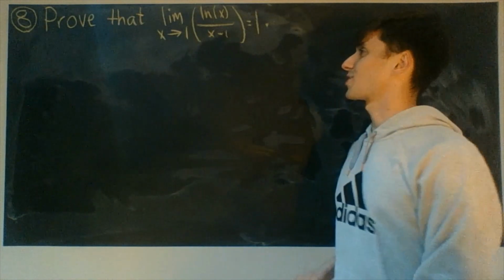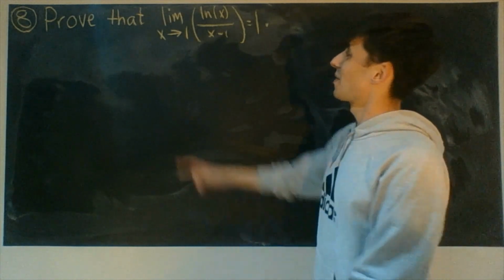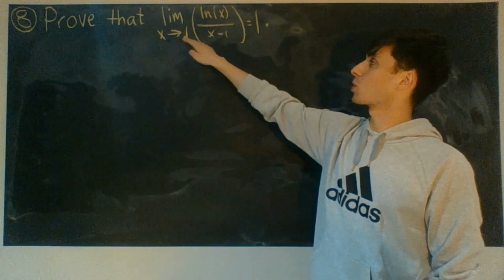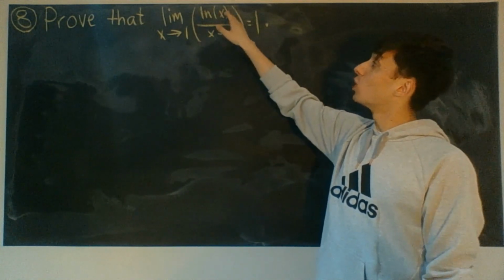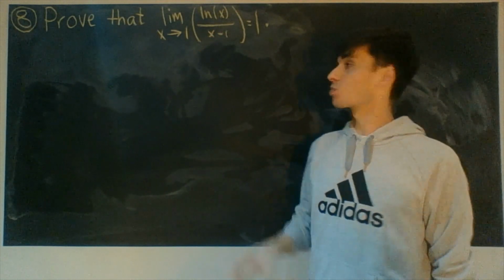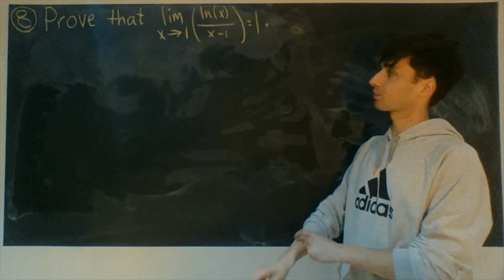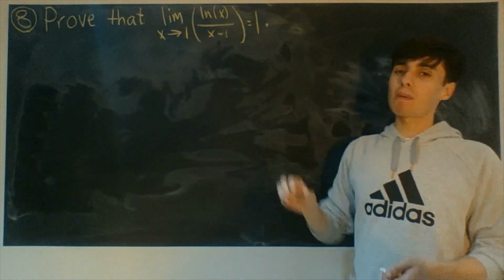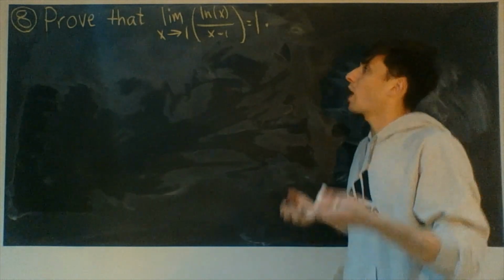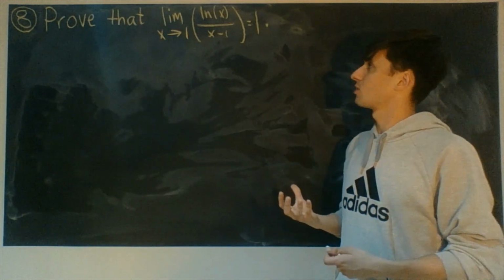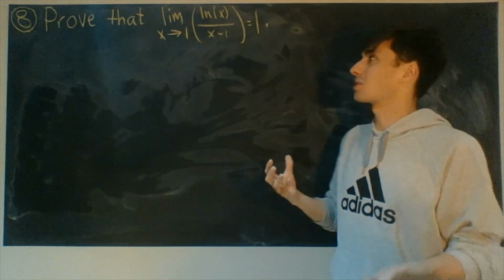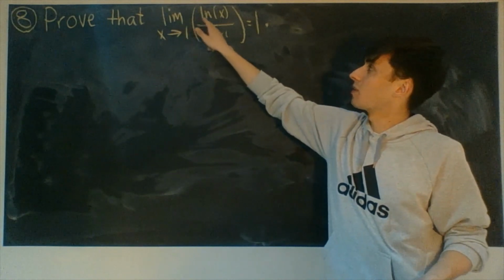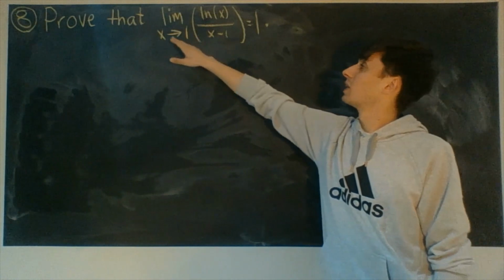Part B of this question is really, really nice. We would like to prove that the limit as x approaches 1 of ln x over x minus 1 is 1. If we think about this first of all though, why are we not allowed to do this just by reasoning about it? It's because ln x, as x goes to 1, goes to 0.